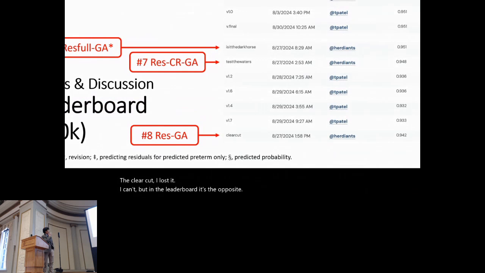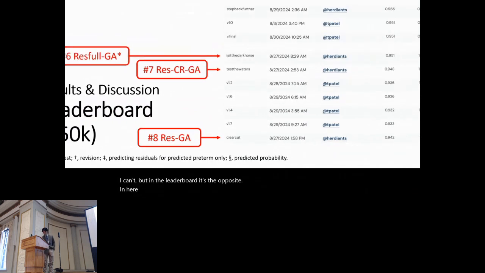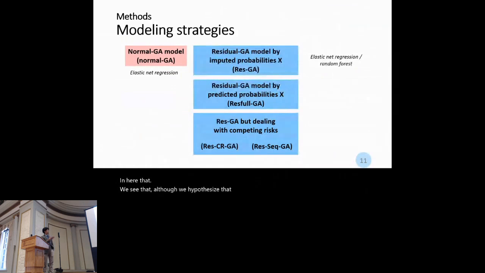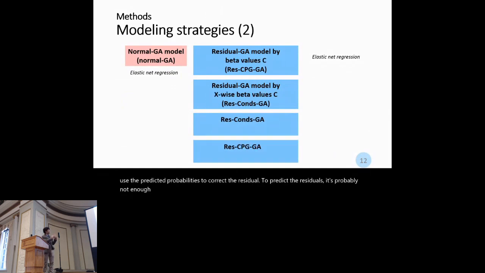So here we see that although we hypothesized that the medical condition is probably helpful, we only used the predicted probabilities to predict the residuals. It's probably not enough. So in the next step, we consider using the beta values.